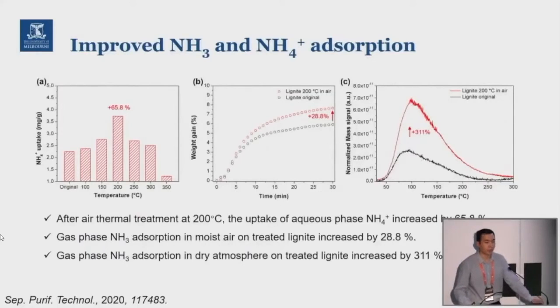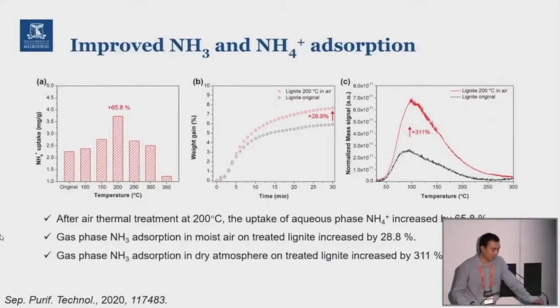So we applied different temperatures between 100 and 300 degrees C to the lignite. You can see the first figure shows that after air thermal treatment at 200 degrees C, the uptake of aqueous phase ammonium increased by 65.8%.